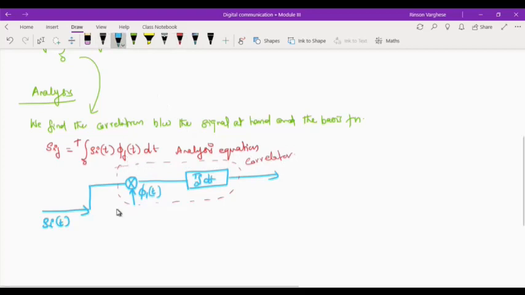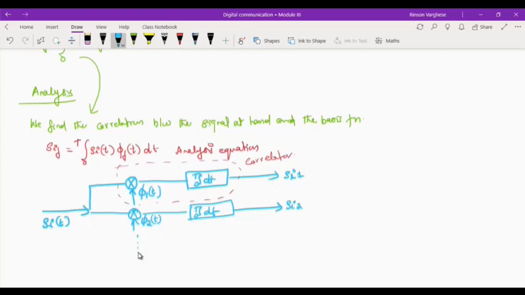So we have a bank of correlators. The next correlator here has phi_2(t), and integral 0 to T dt. Here I get s_i1, here I get s_i2.